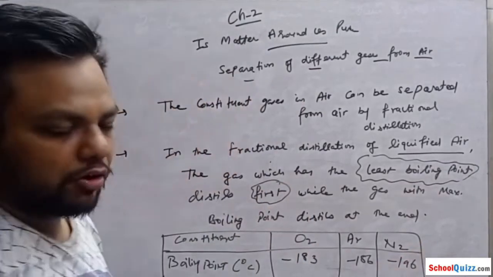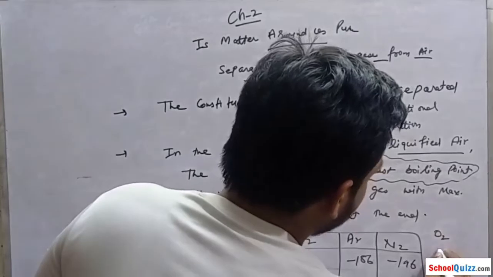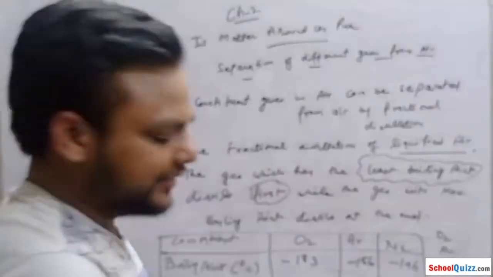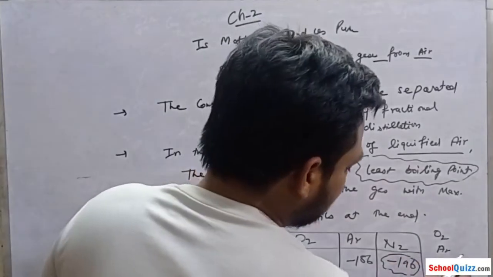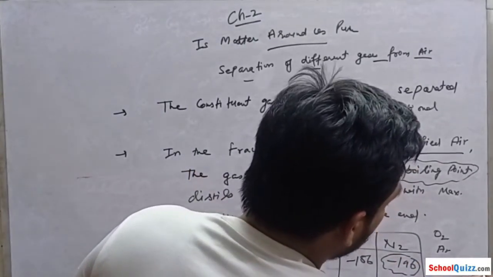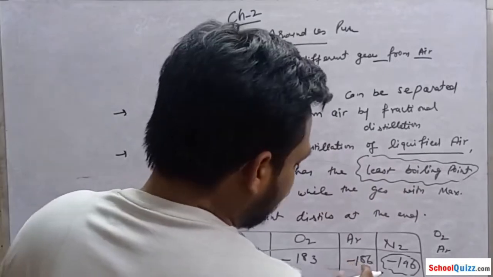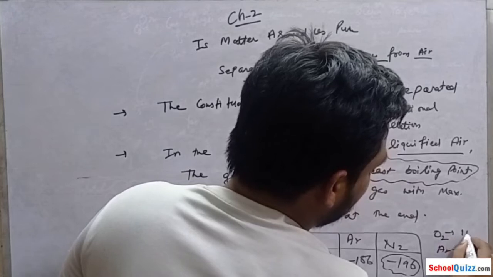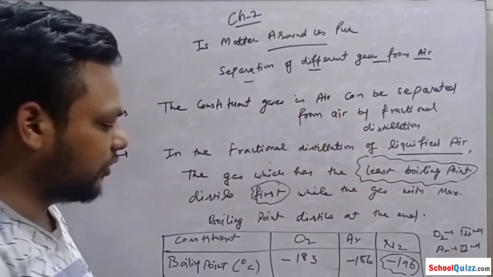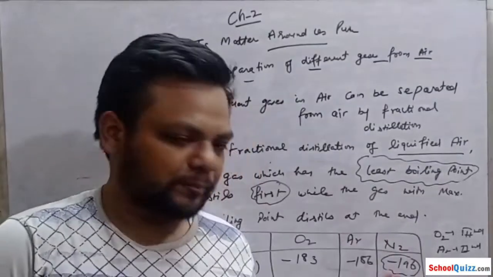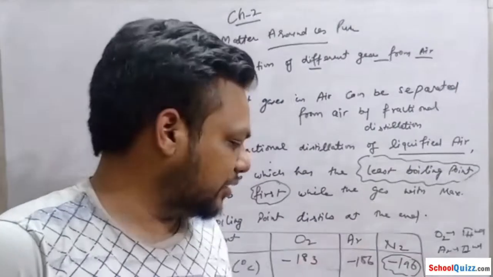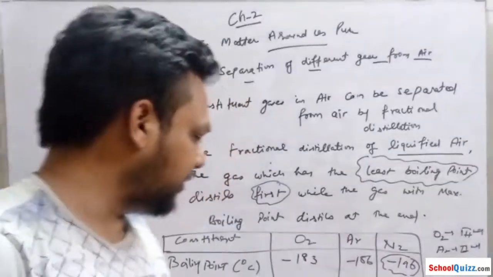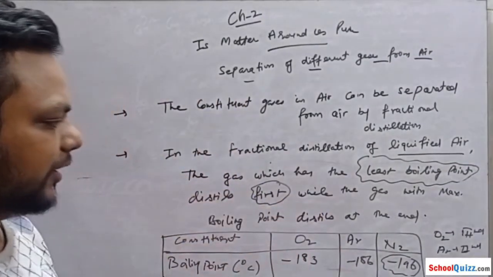For example, if we talk about these three gases, oxygen, argon and nitrogen, which will distill first, whose boiling point is minimum? So nitrogen will distill first. Then argon will distill at second position and oxygen at third position. As we know, the boiling point of nitrogen is minimum in case of these three, that is minus 196 degrees Celsius, argon minus 186 degrees Celsius, and oxygen minus 183 degrees Celsius.